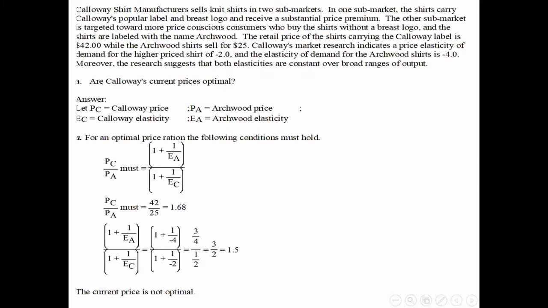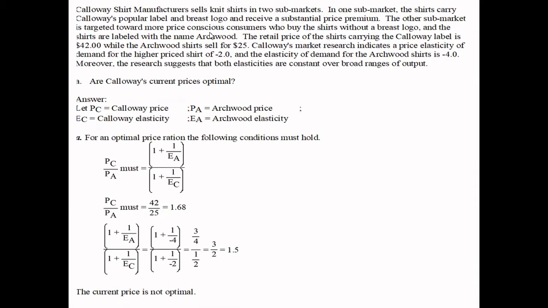So let's recall an example together, which is clarified in front of you. We have a manufacturing company selling t-shirts in two submarkets, two different places, let's say, for example, Aswan and Suhaj. In one of the submarkets, the company labels the shirt with a logo, and it has a price premium, meaning extra price. The other submarket is targeted at more price-conscious consumers who buy the t-shirt without this logo.